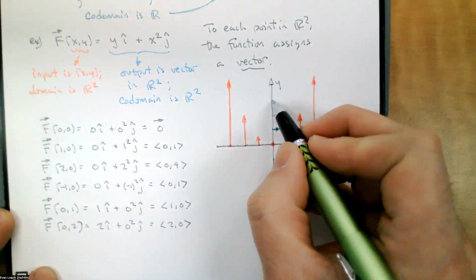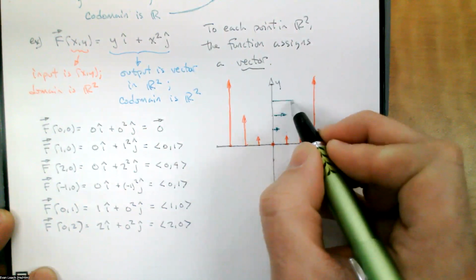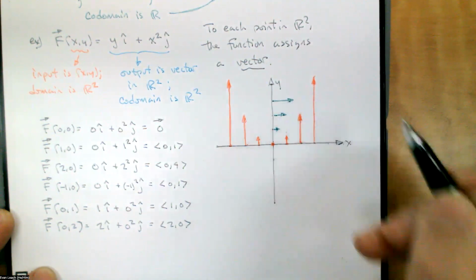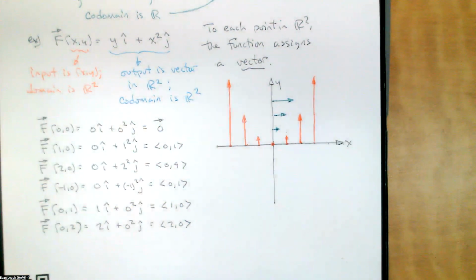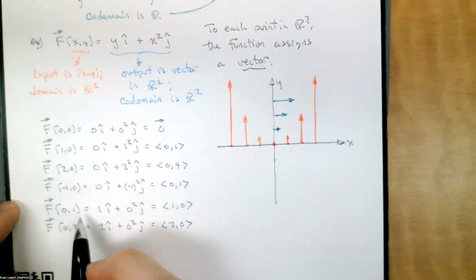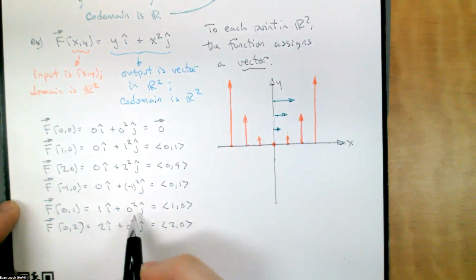This is all just because of the way that the vector field is defined. If I go to the negative y-axis, F of 0, negative 1 will be negative 1i plus 0j.